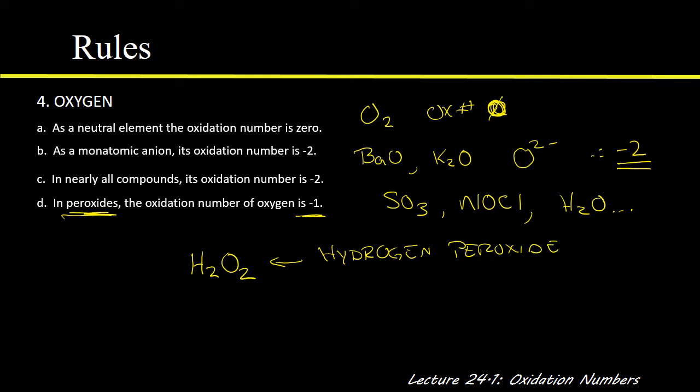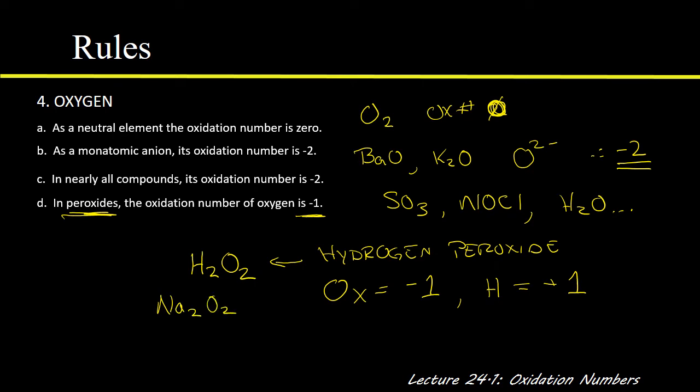Okay. And in hydrogen peroxide, oxygen has an oxidation number of -1 instead of -2. And the hydrogen has an oxidation number of +1. There are some other peroxides like sodium peroxide.